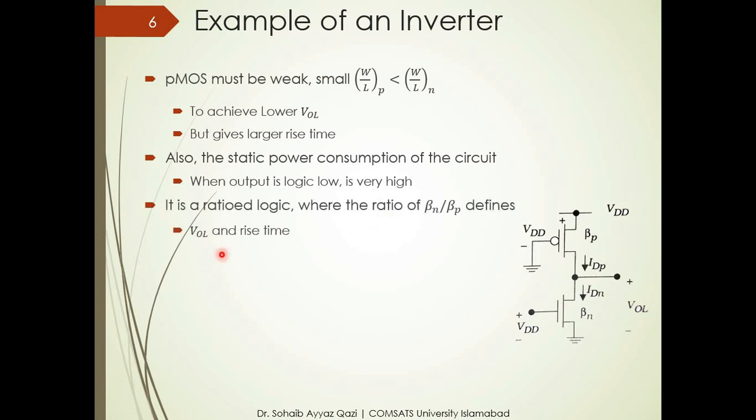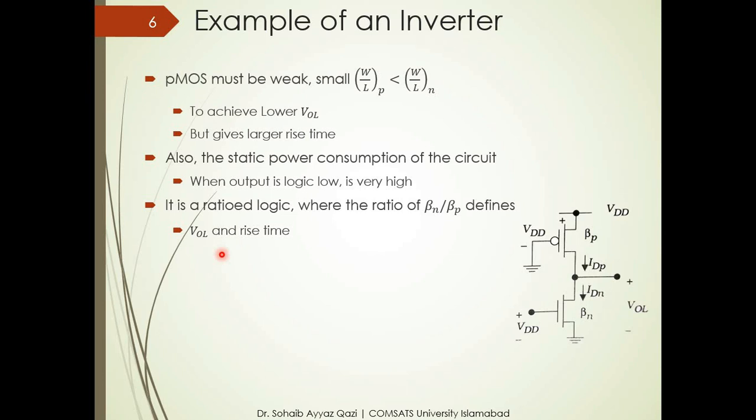And this is a ratioed logic design, where the ratio of beta n and beta p defines two quantities. One is our output low voltage and the other one is our rise time. Because we have seen that if we change the ratio here, the output low voltage can be increased or decreased depending on the ratio.